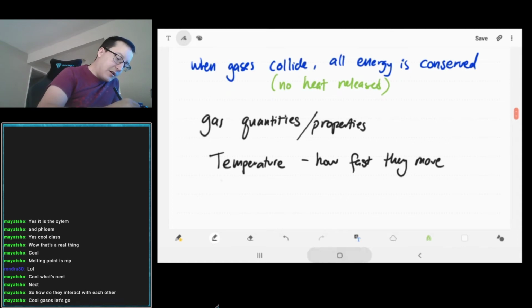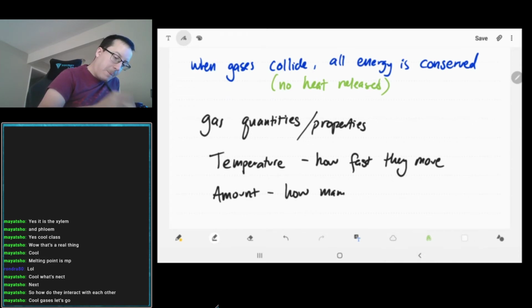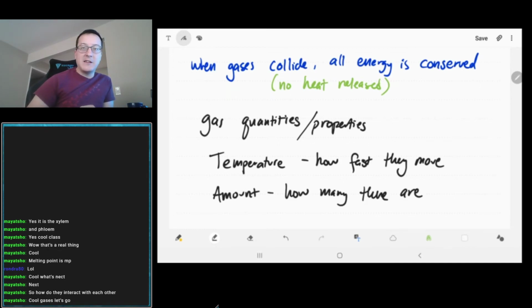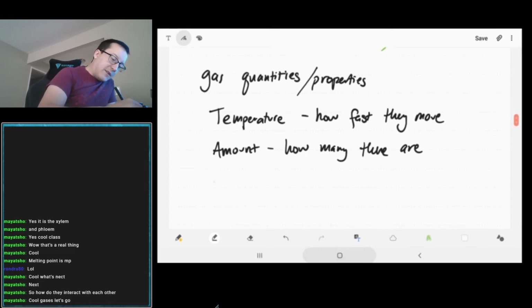We could also talk about the amount of gas particles, and that's just how many there are. So in your container of gas, how many gas atoms or molecules do you have in there? That's the amount. We also have the volume.